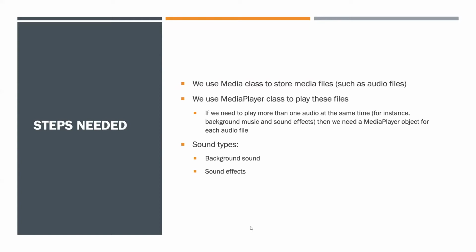In other words, we need a media player object for every sound file that needs to be played simultaneously. So with these two objects, media player along with media, we are going to be able to play both background music or sound effects.